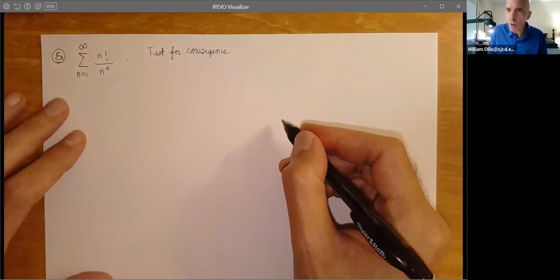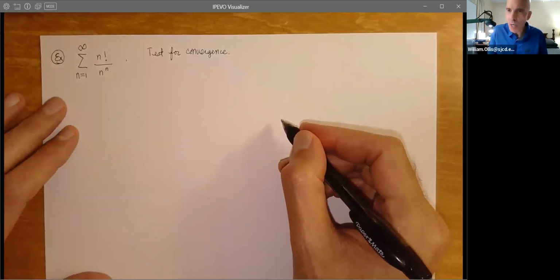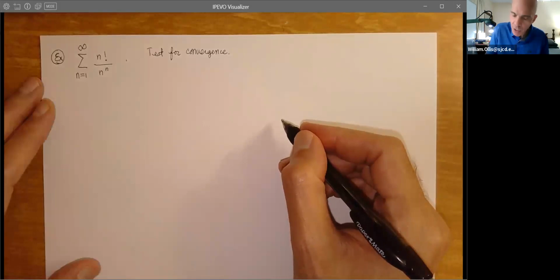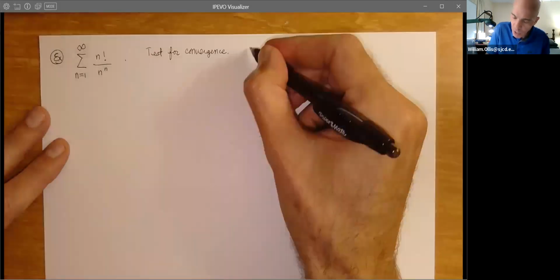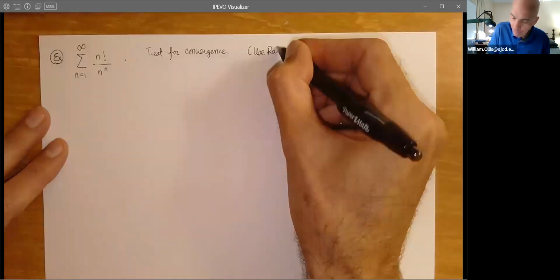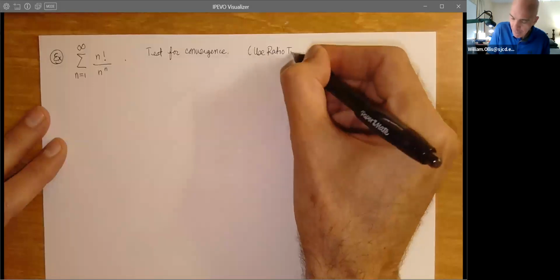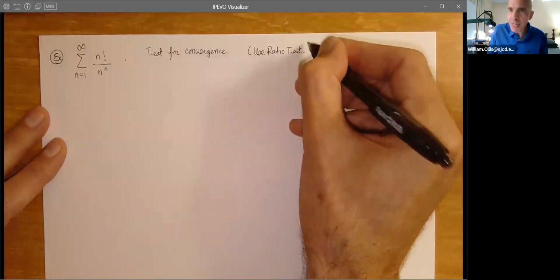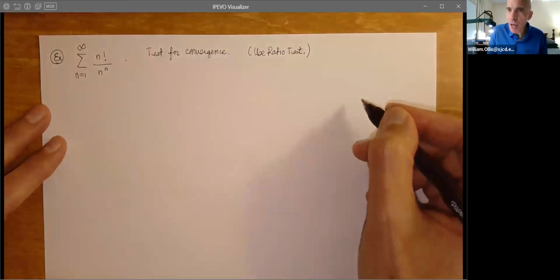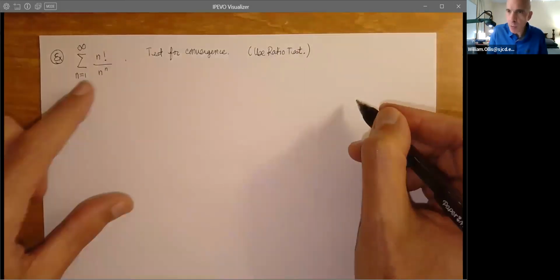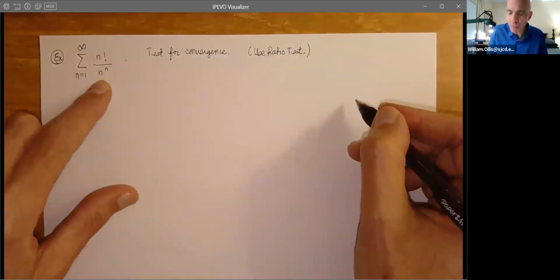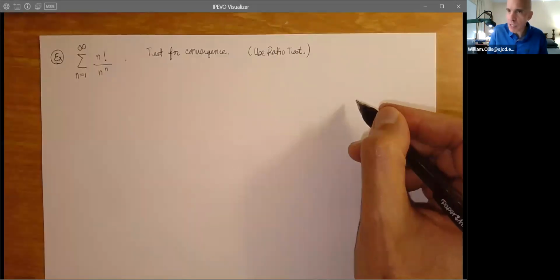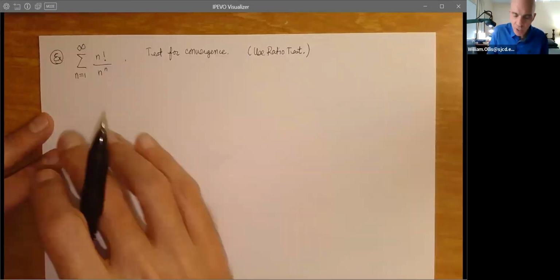So we're thinking that we might be better off utilizing the ratio test. So we'll just say use ratio test. It doesn't mean you can't try something else, but again, I think what we're seeing here is that this might be simpler since this n to the n is not giving us a nice comparison like with the convergent or divergent p-series. So might be best with the ratio test.